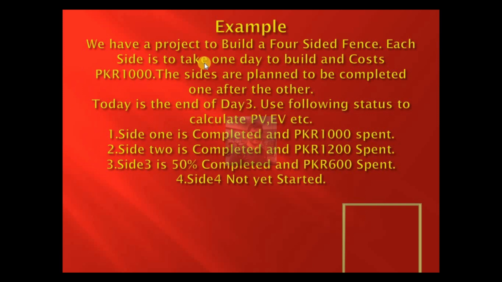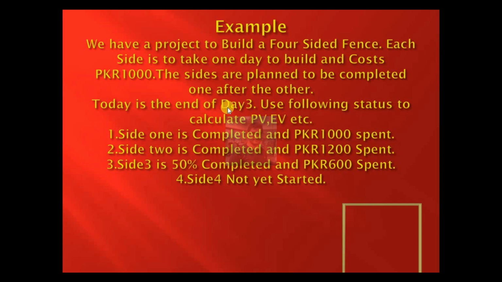Each side takes 1 day, and the sides are planned to be completed one after the other, meaning they have a finish-to-start relationship. So we will take 4 days to complete this project. From here, this data we can take.